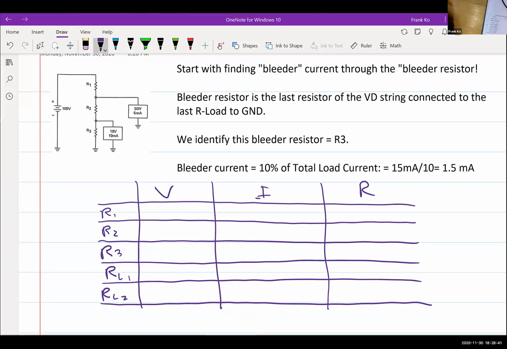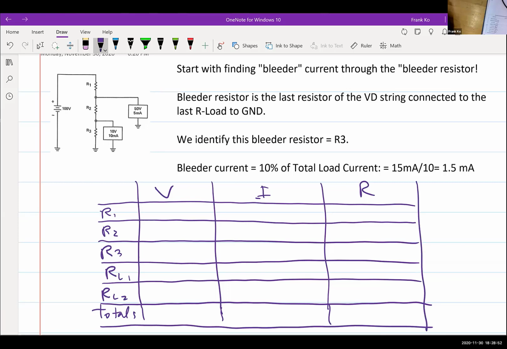Total. Okay, so if you were asked to fill in this VIR table, you would be able to answer all the blanks that are part of the question set. So we can always rely on VIR for our analysis.